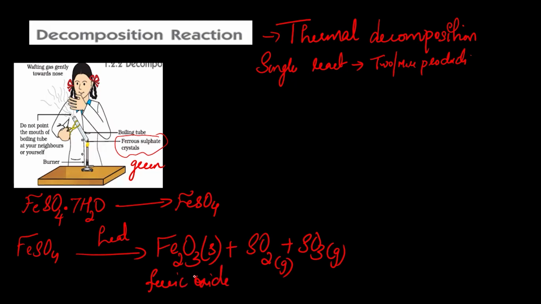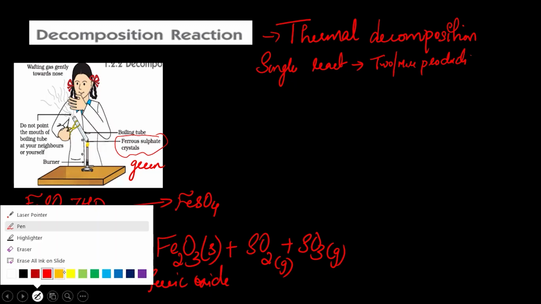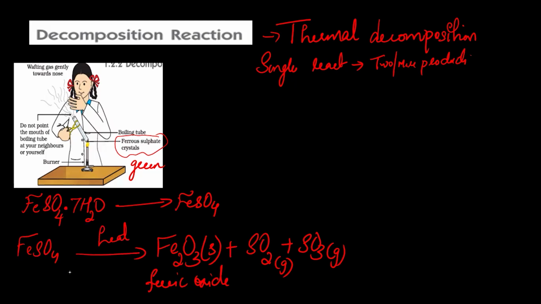And you must know the color change. I told you that ferrous sulfate crystals were initially green in color. When you heat that, you will be getting FeSO4, and the green color is lost and becomes a dirty white color. And at last you will be getting ferric oxide. Just note down, it is reddish brown color, along with the evolution of two gases, SO2 and SO3.